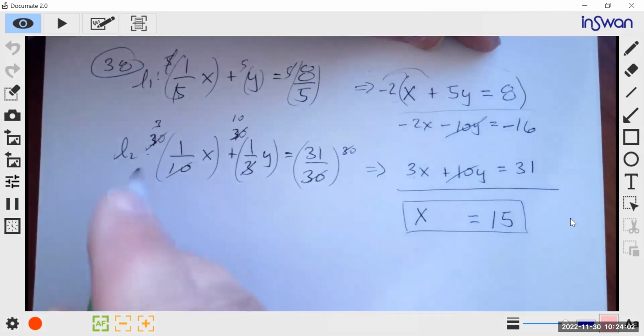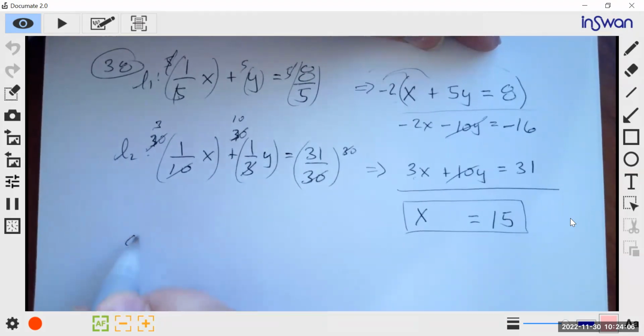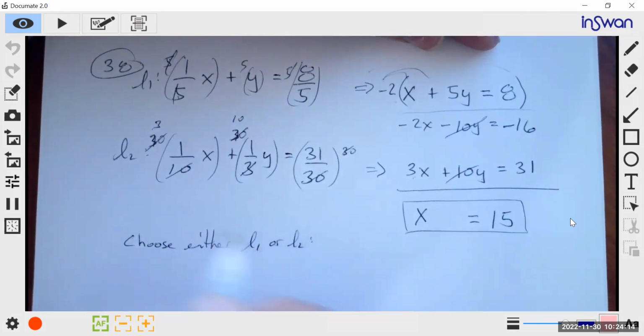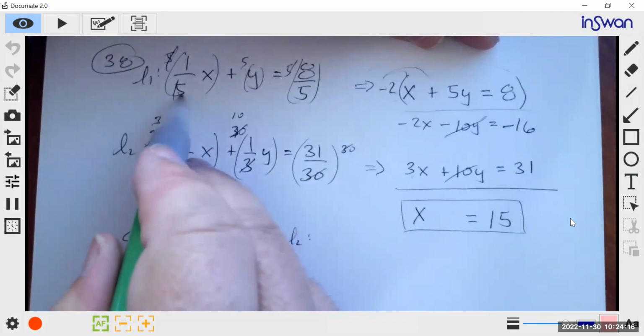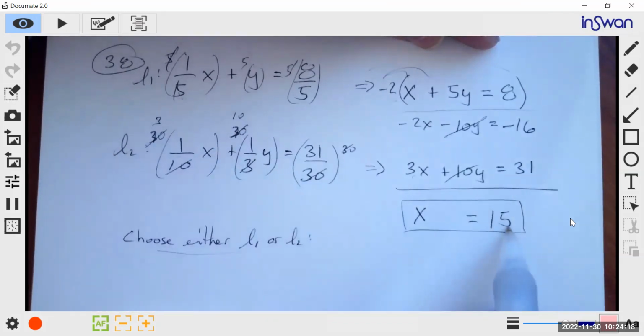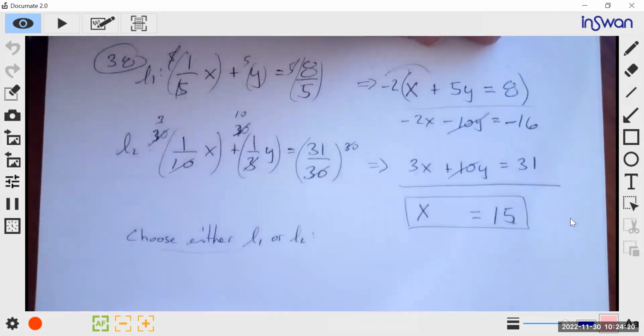Now here, pick either of the equations. Choose either line 1 or line 2. Since this one has a denominator of 5 and I have x is 15, I'm going to use the top one.